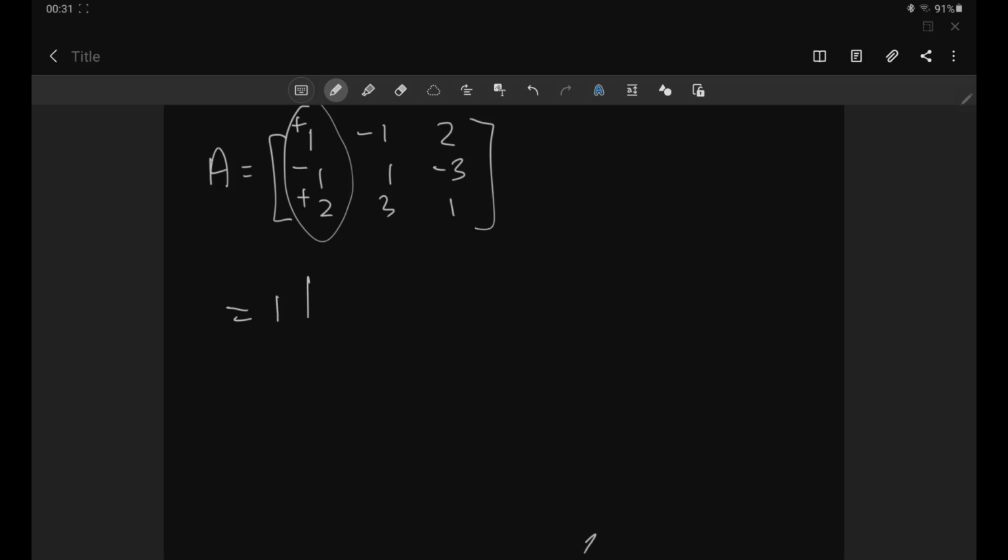So 1, the minor is: we cancel the first column and then the first row. We can get 1, -3, 3 and 1.